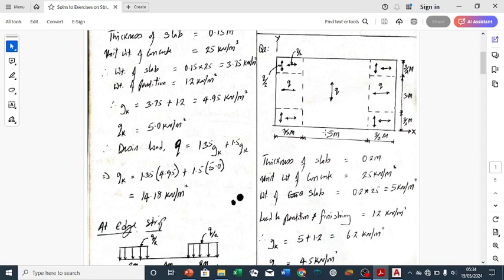For the long span, it will be A minus B over 4, so it is going to be 8 minus 6 over 2, which is 8 minus 3, giving us 5 meter. So we have dimensioned our slab into edge strip and middle strip in both axes.